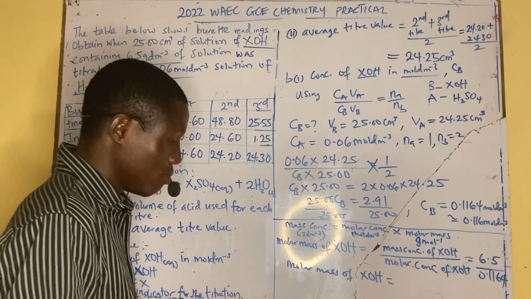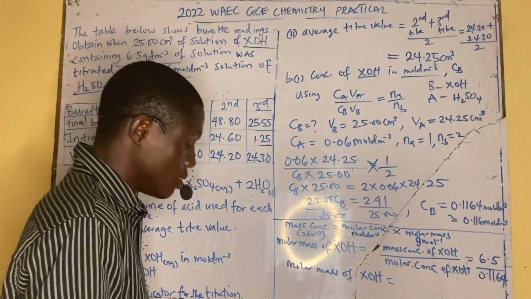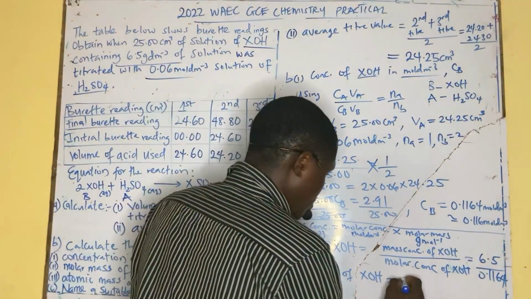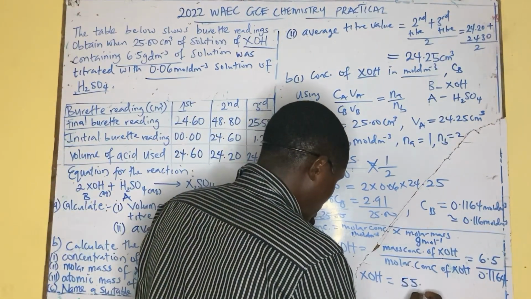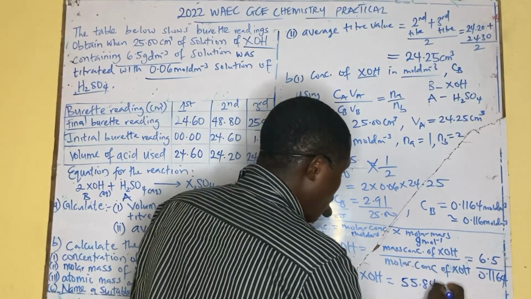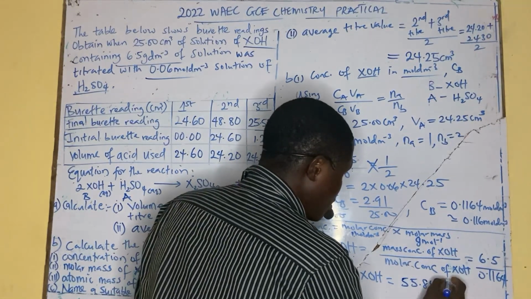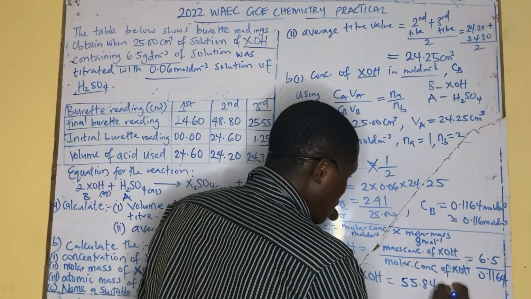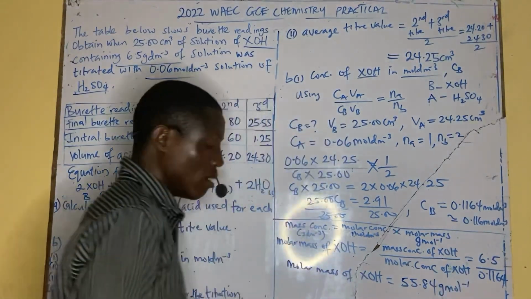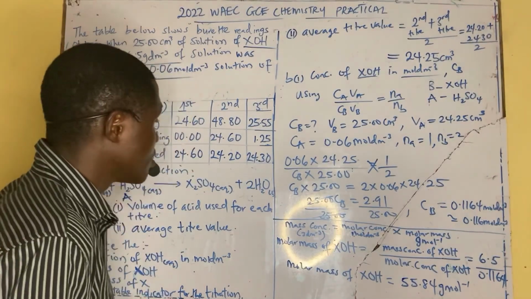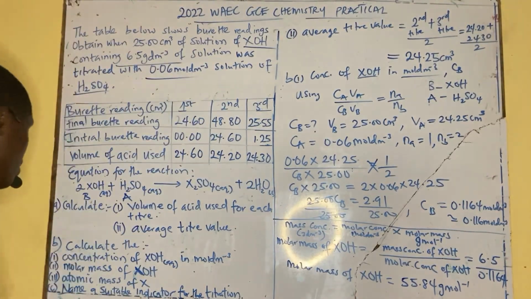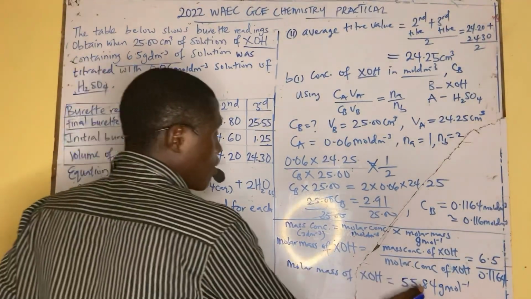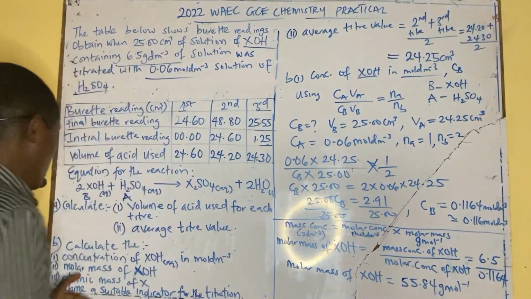So we have the molar mass to be 55.84. Don't forget, it is in gram per mole. So we have successfully calculated our molar mass, which is 55.84 gram per mole.